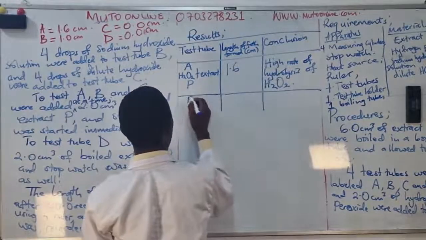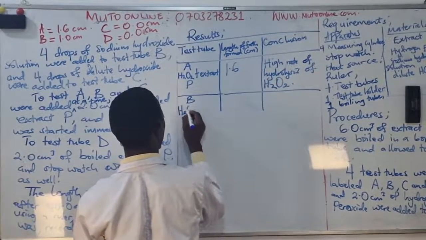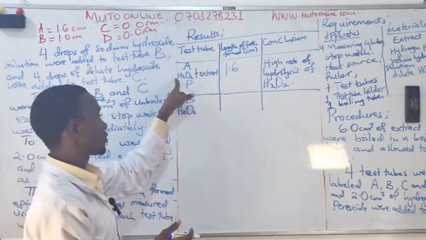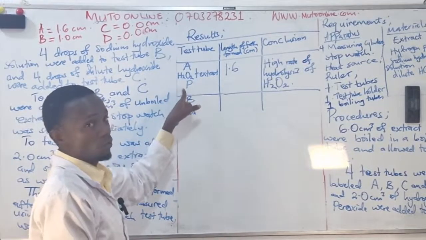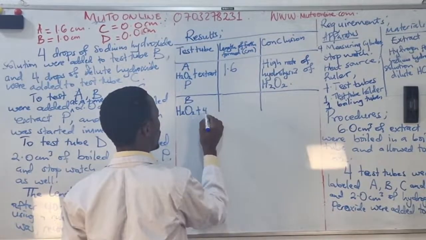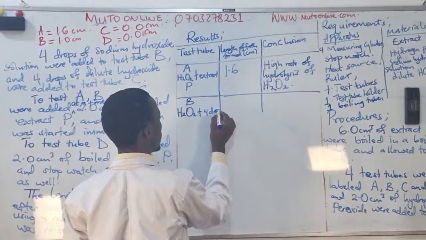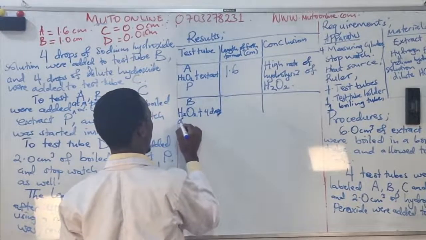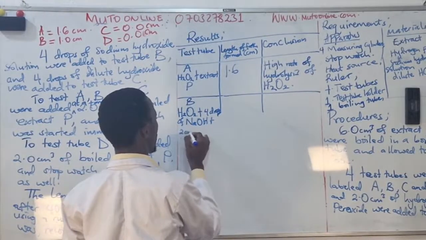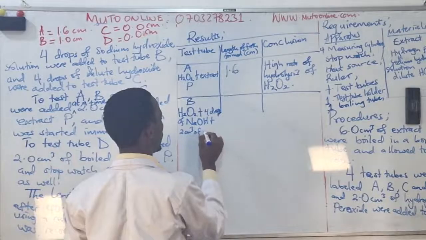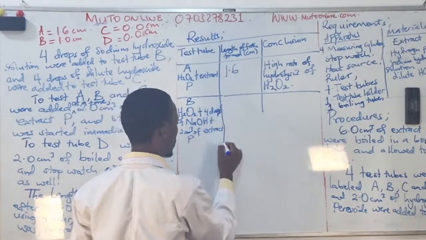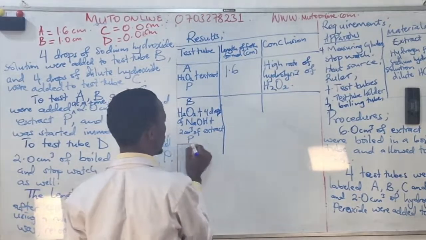For test tube B, where there is hydrogen peroxide, don't forget the amount, 2 cubic centimeters of hydrogen peroxide and 2 cubic centimeters of P plus 4 drops of sodium hydroxide plus 2 cubic centimeters of extract P. I'm giving the description of what is in the test tube.